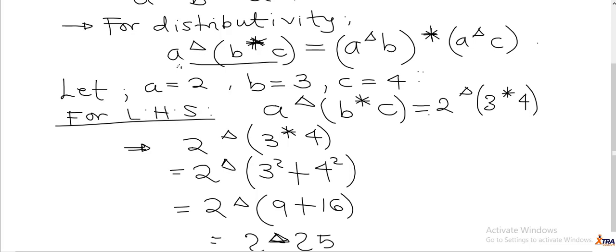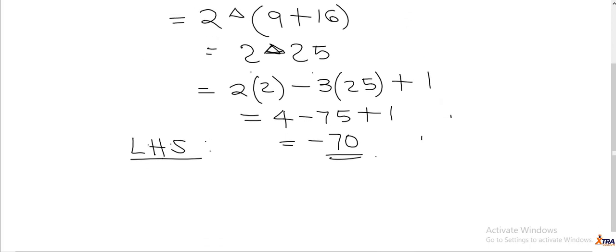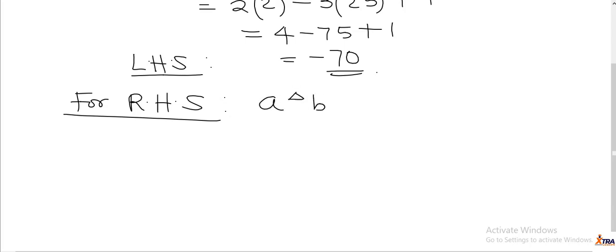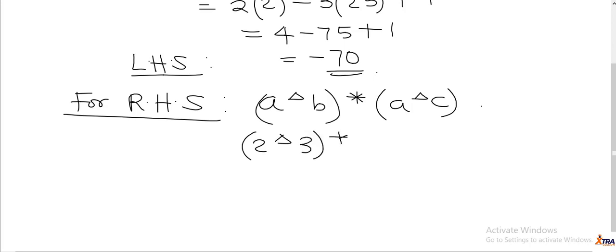For the right hand side, we have a triangular operation B asterisk a triangular operation C. So for right hand side now, we know we took our a to be 2, so this will be 2 operation, our b is 3, our a is still 2 here, and our c here is 4.